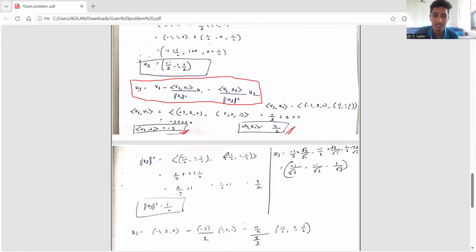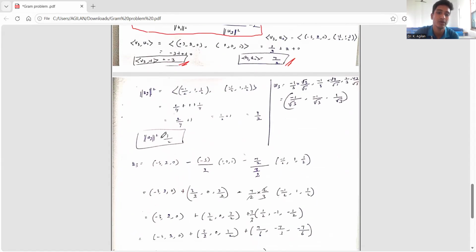Multiplying minus 1 by 2 into minus 1 by 2 is 1 by 4. 1 into 1 is 1. 1 by 2 into 1 by 2 is 1 by 4. So 2 by 4 plus 1, right? What will be the answer? 2 by 4 is nothing but 1 by 2, and 1 by 2 plus 1 is 3 by 2. So the norm of U2 square equals 3 by 2.